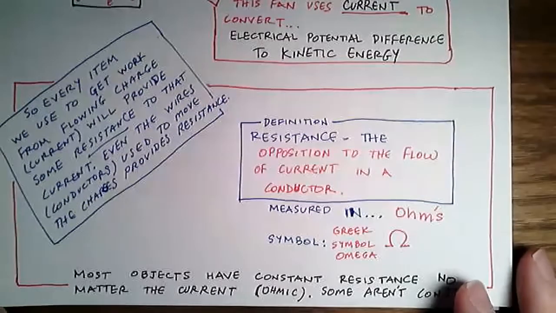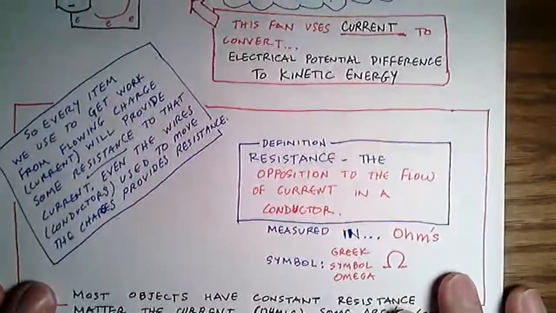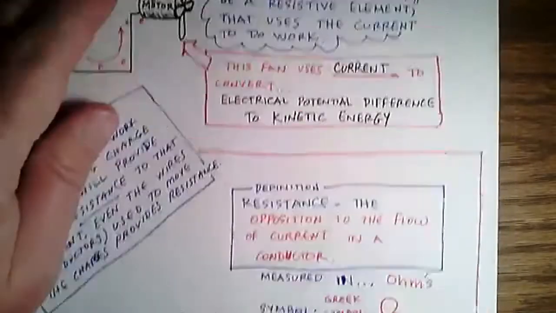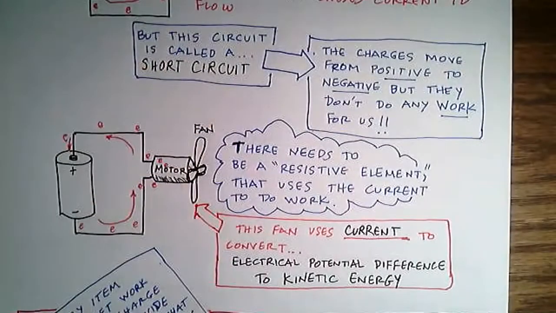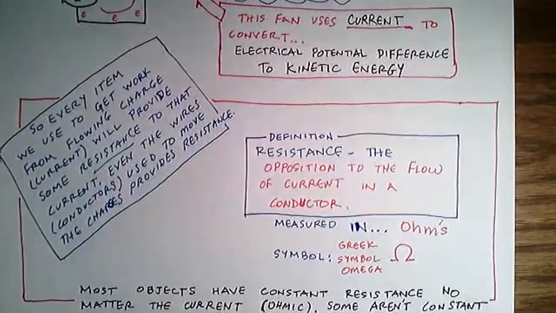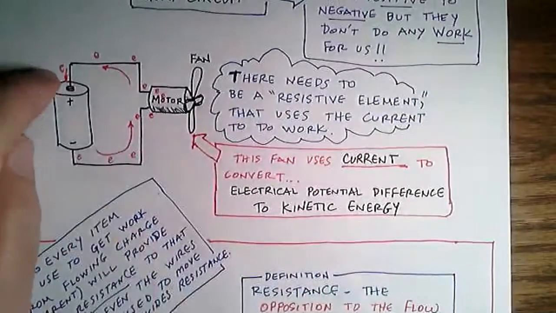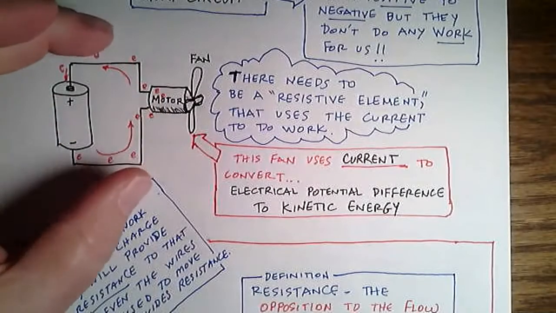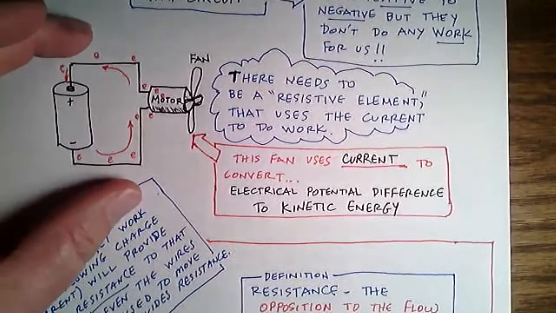Okay. So that's this side. We basically talked about what resistance is, the fact that we need to put objects in that provide resistance in order to get work. And the fact that pretty much any object that we put in an electric circuit, go back to that circuit, any object that we put in this circuit will provide some resistance. Not every object provides the same resistance.